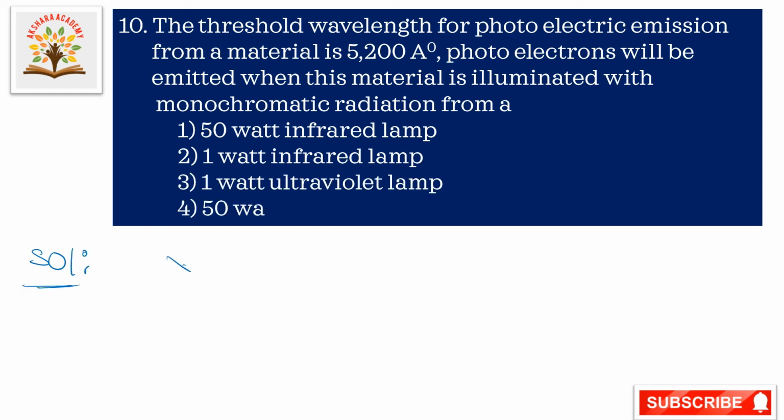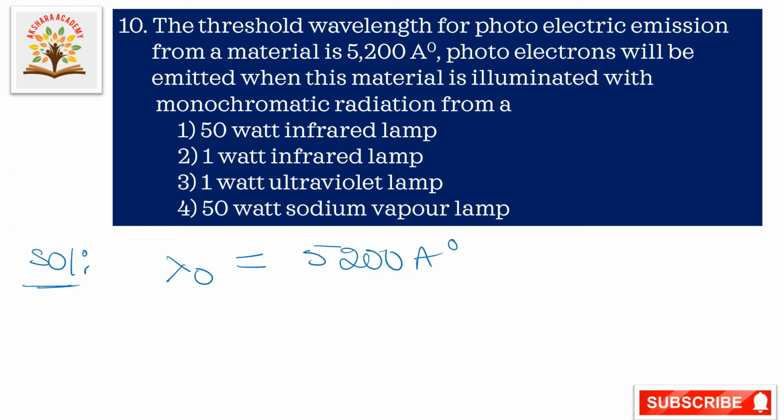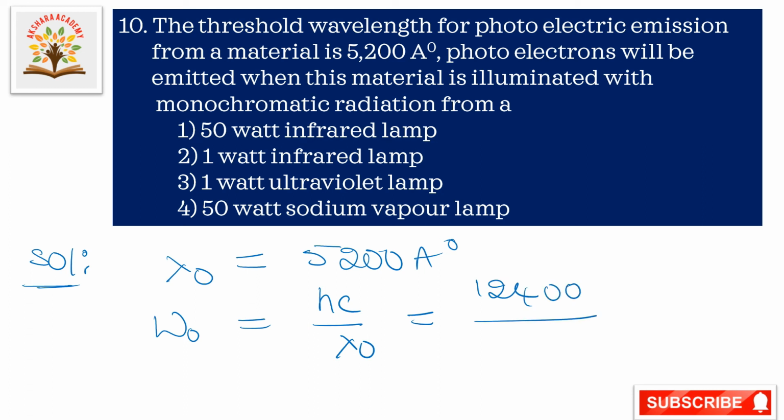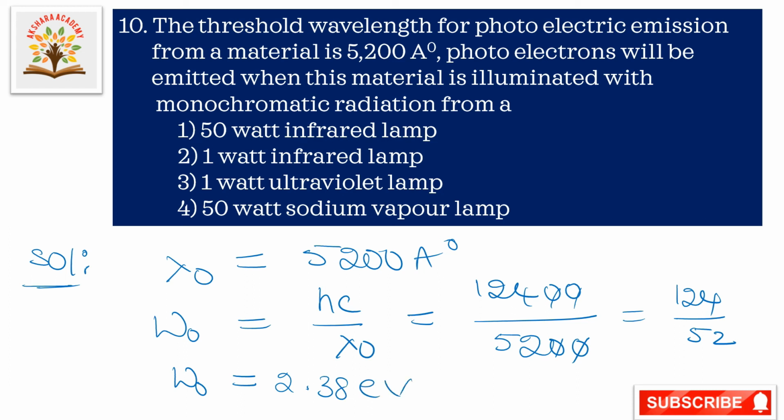They given threshold wavelength lambda naught is equal to 5200 Armstrongs and work function is equal to Hc by lambda naught, that is equal to 12,400 by 5200. The zeros cancel. Here we are getting 124 by 52. So the work function W naught is equal to 2.38 electron volts.